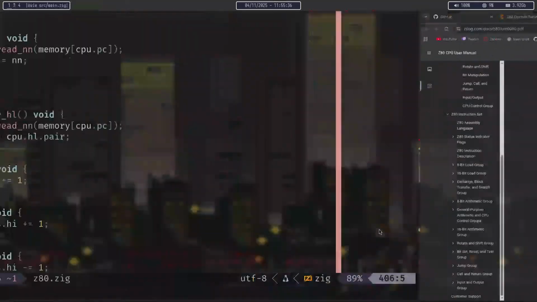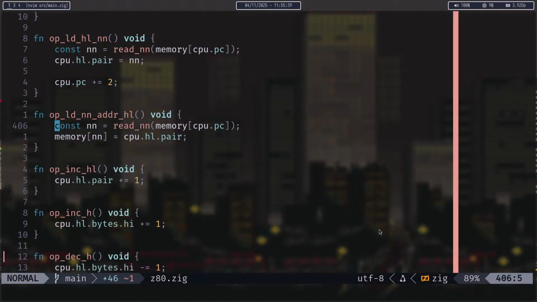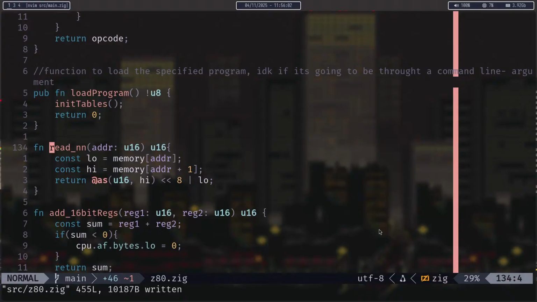Okay, let me pause this for a minute. I'm so confused right now. Okay, so NN is a memory address. Now I do have to get this memory address one way or the other, so that I can load these values in here. Now, how do I do this? Can I do that? Okay, I can go to definition, right. And then I return as a U16, so I return NN itself.